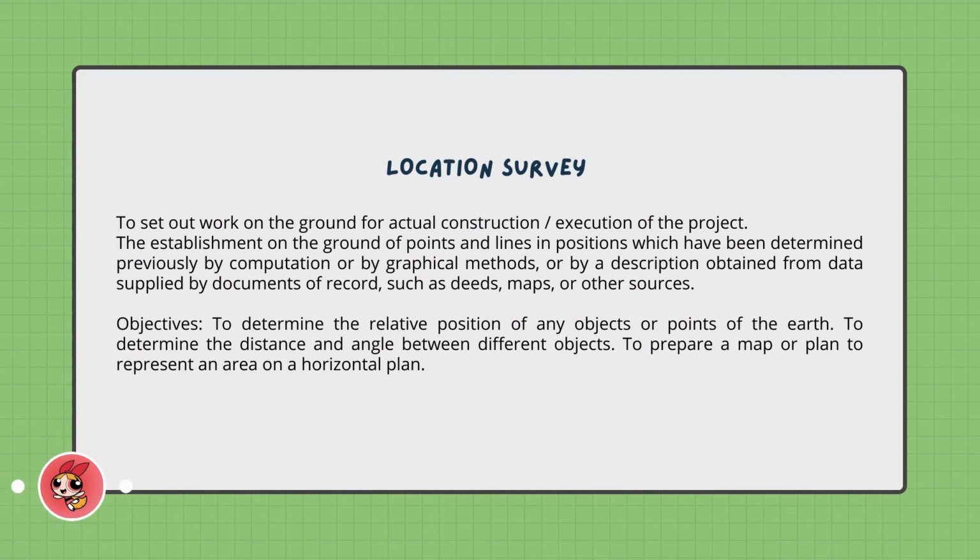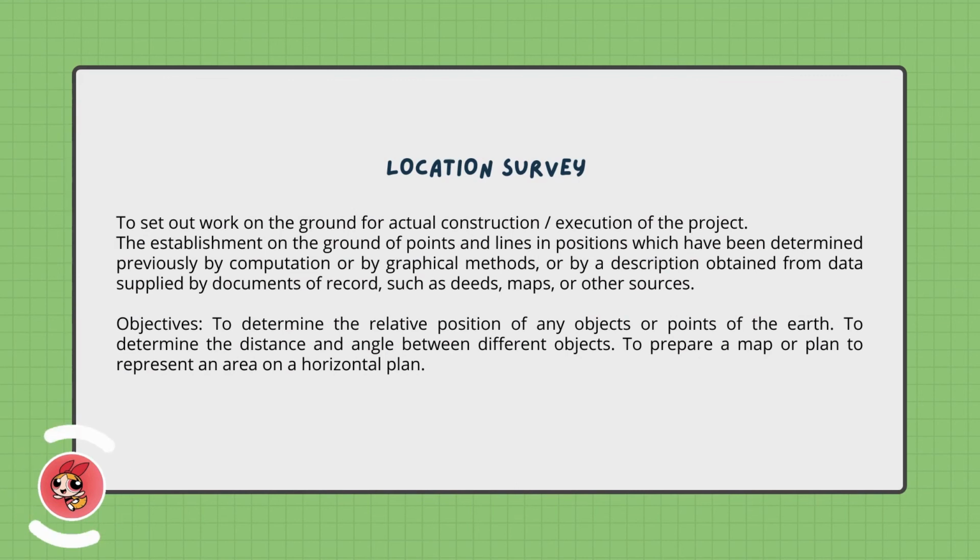Location survey. It is to set out work on the ground for actual construction or execution of the project. It is also the establishment on the ground of points and lines in positions which have been determined previously by computation, by graphical methods, or by a description obtained from data supplied by documents of records such as deeds, maps, or other sources.